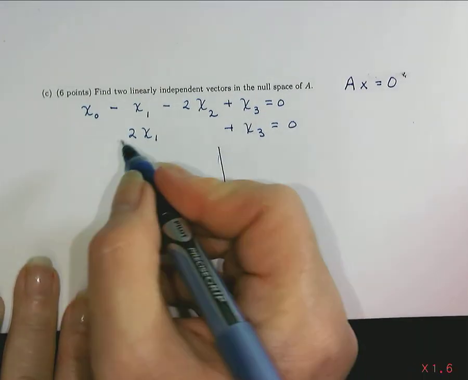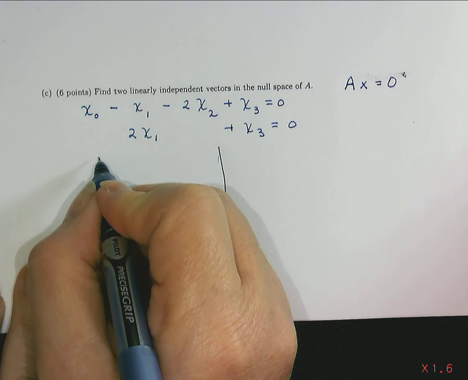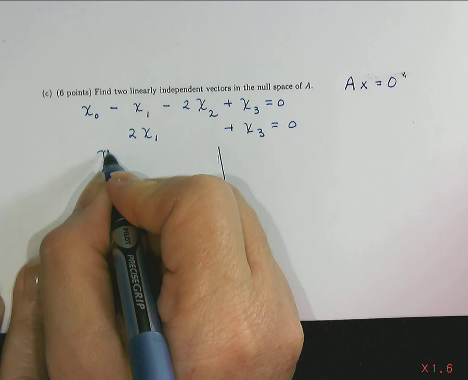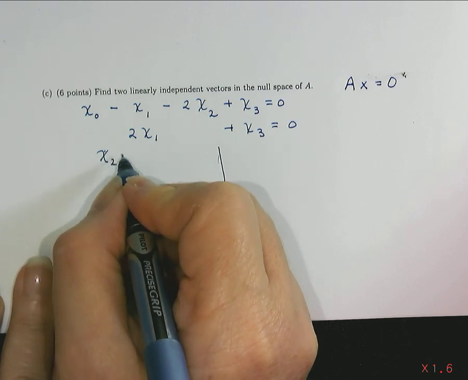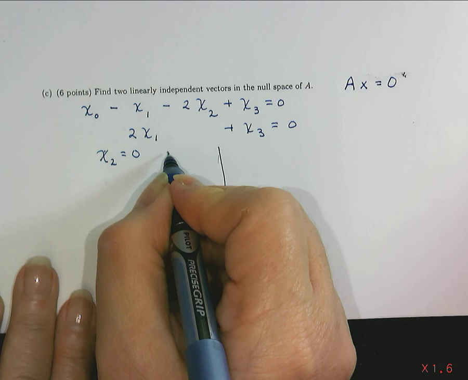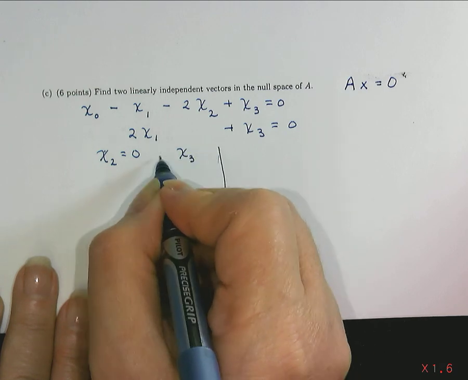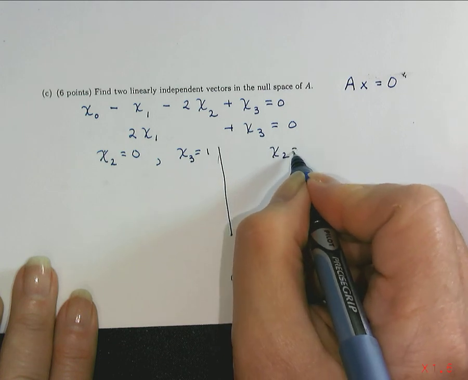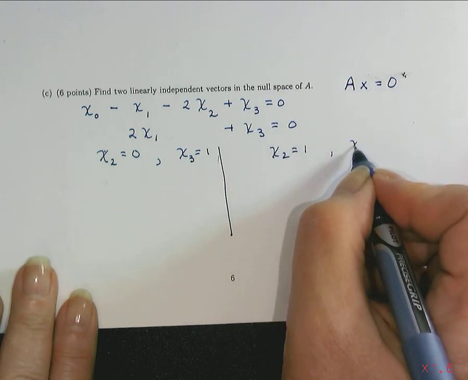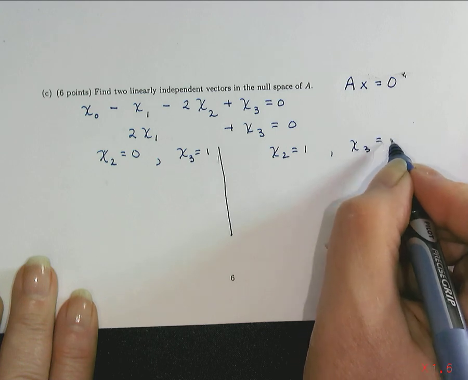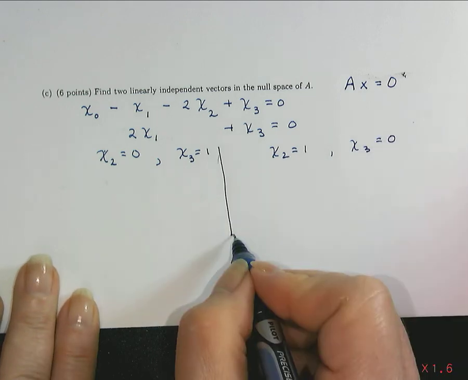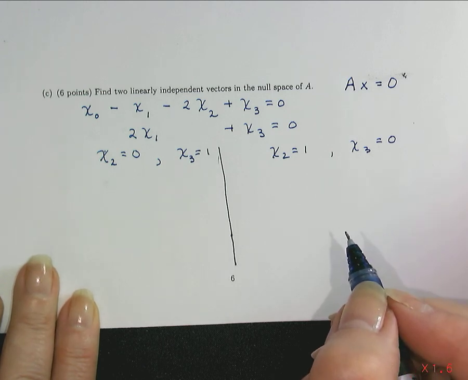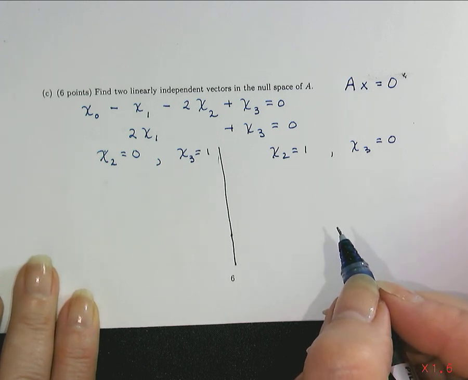The approach is going to be to first set our free variables to some convenient value. So we'll say, let's let chi 2 be equal to 0 and chi 3 be equal to 1, and then switch it and let chi 2 be equal to 1 and chi 3 to be equal to 0, and then solve to find what the values for chi 0 and chi 1 must be for AX to be equal to 0.